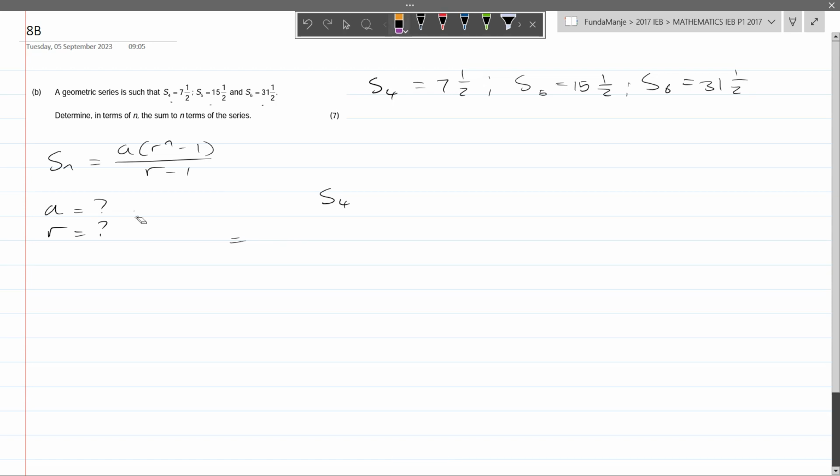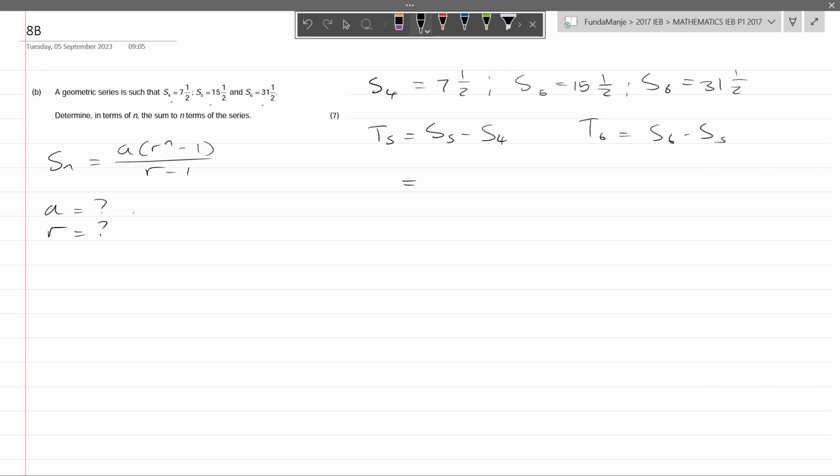We can do this for term number 6 as well. So term number 5 is equal to S5 minus S4. Then term number 6 is equal to S6 minus S5.